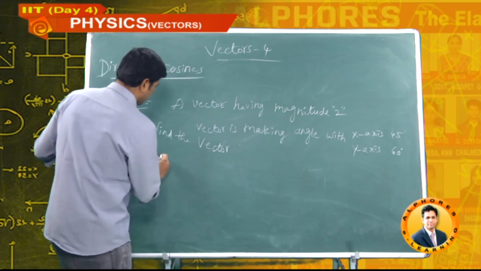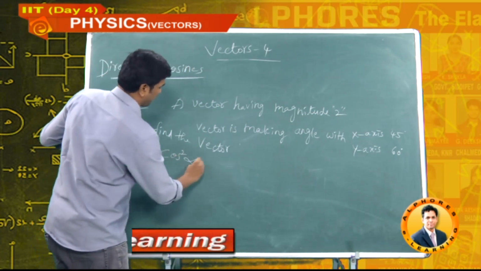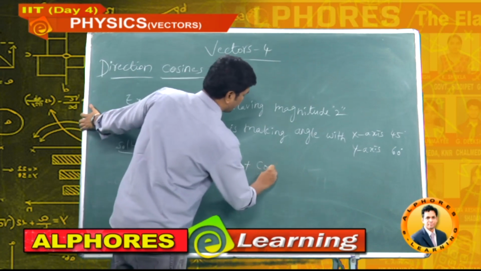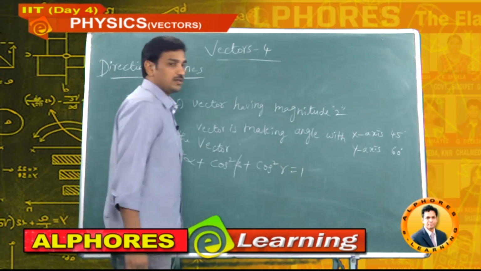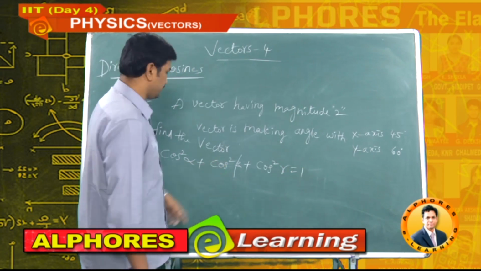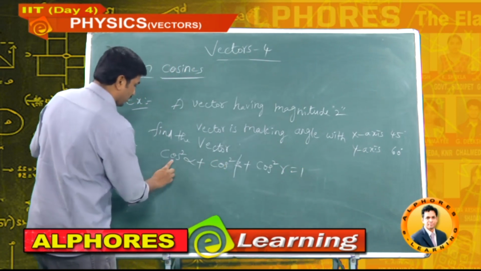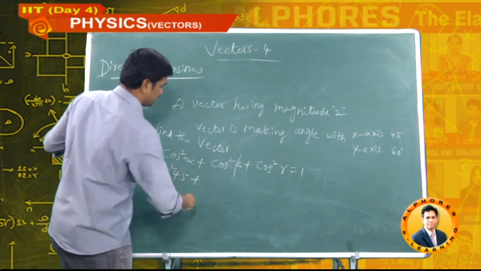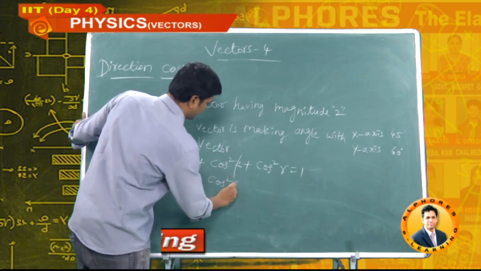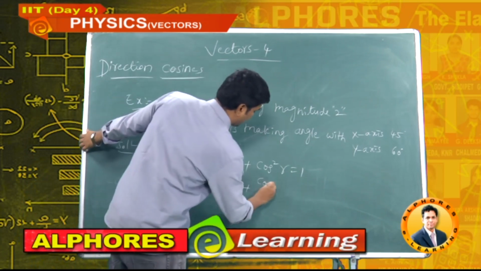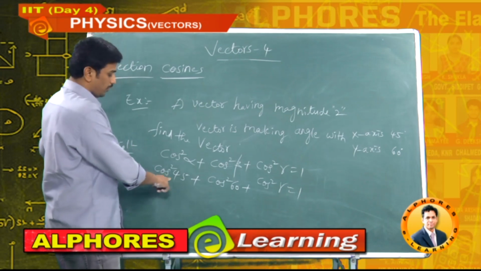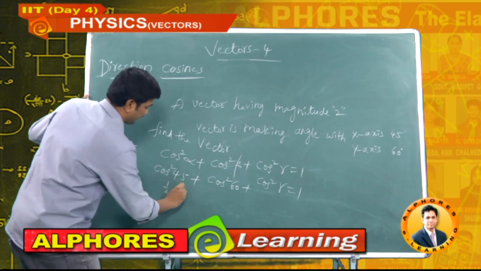What is the result? cos square alpha plus cos square beta plus cos square gamma is equal to 1. Just now we proved this result. Alpha value 45, cos square 45, plus cos square 60, plus cos square gamma is equal to 1. What is cos 45? 1 by root 2. 1 by root 2 whole square is 1 by 2.